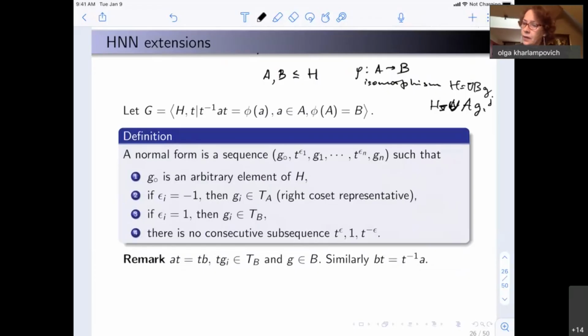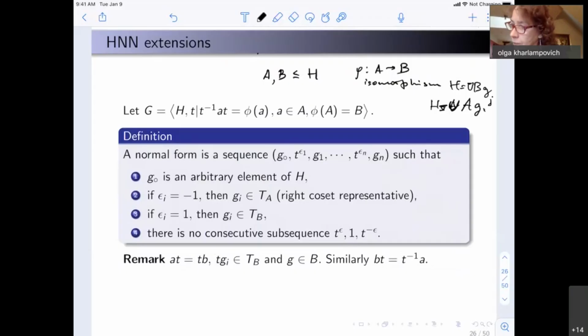This is basically why it works, because we can write an arbitrary element as an alternating product of powers of t and elements from H, right? Because these are all the generators, t and H. So we can always write it like this.